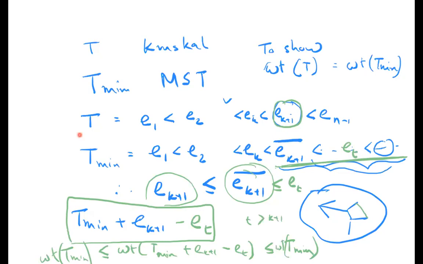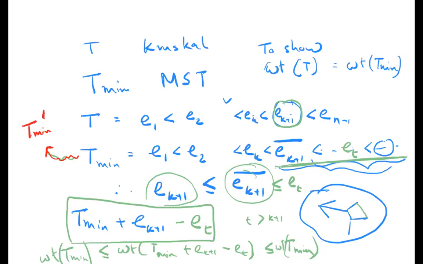So if the spanning tree obtained by Kruskal's algorithm is not equal to the other spanning tree, then from T min I will produce another T min prime, which has the same weight, of course, because it's a minimum spanning tree.